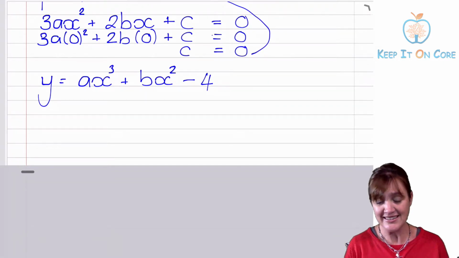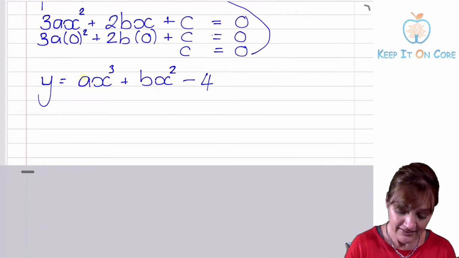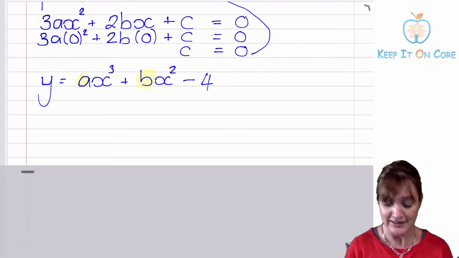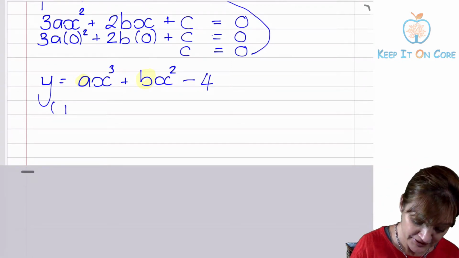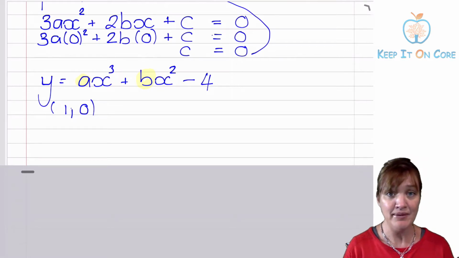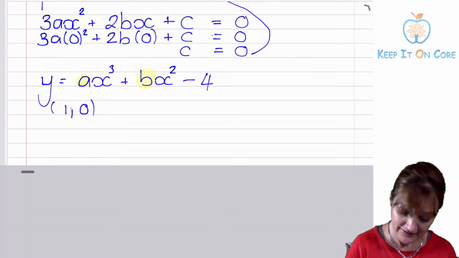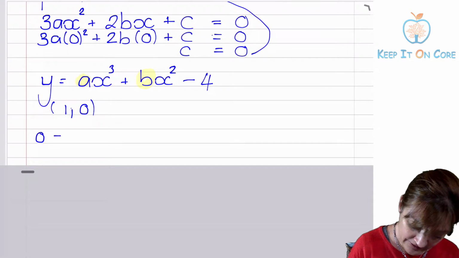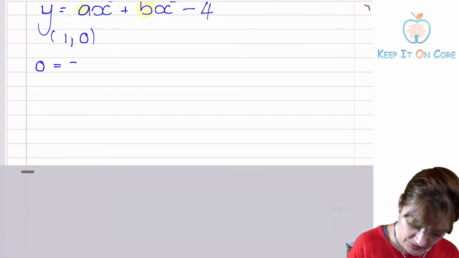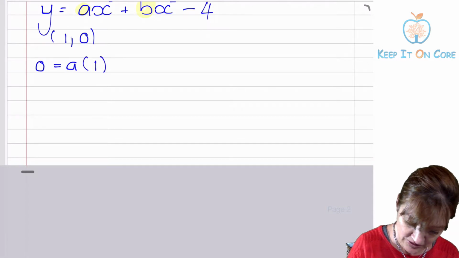So the idea here, guys, is that to find the value of a and the value of b, we're going to have to do a simultaneous equation. I'm going to do it by first substituting 1 and 0, and then by substituting -2 and 0. So the y is 0, and into all of the x's we're going to substitute 1.